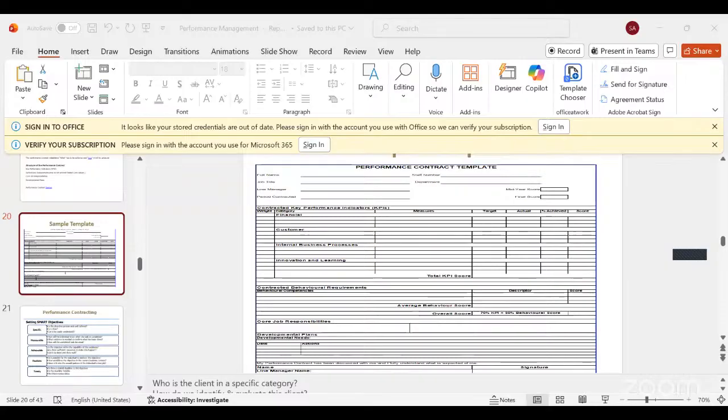Okay. Then you come to the behavioral requirements. Like I mentioned, the behavioral requirements stem from the core values of the organization. So you see here, we have teamwork, communication, professionalism. And organizations even go further to describe the values.